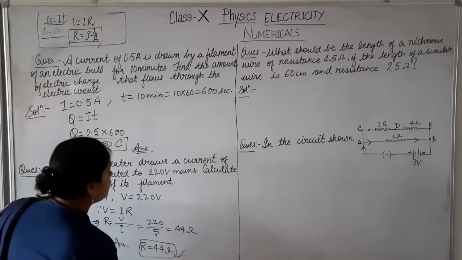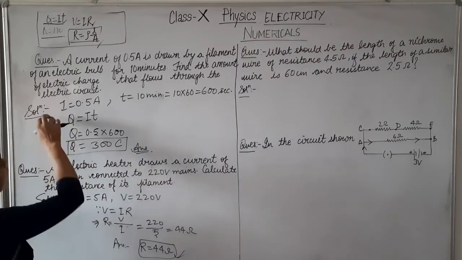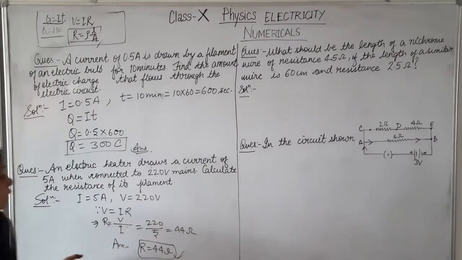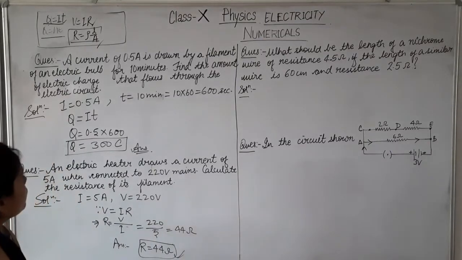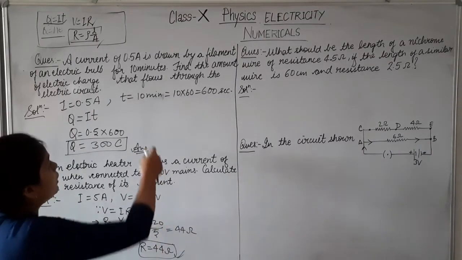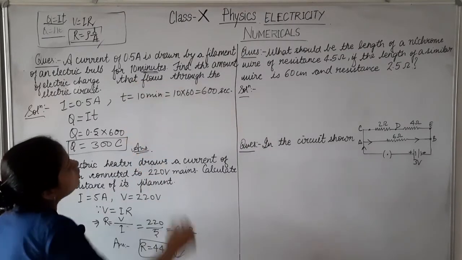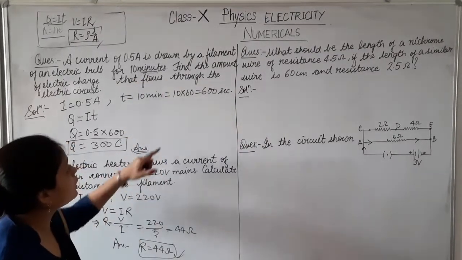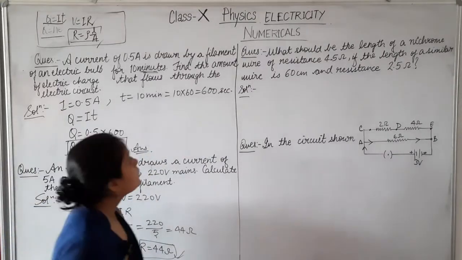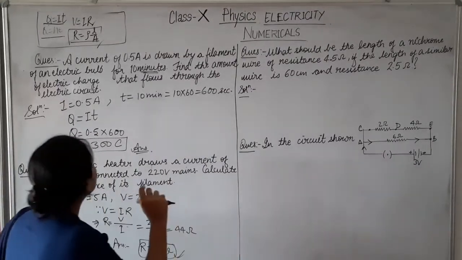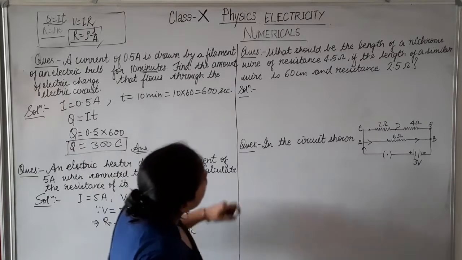This was also the easiest question. These both first and second questions were very easy. If you go through these questions once again, the main thing in the first question is to see this unit in minutes. It will be converted into second because second is the smallest unit of time.